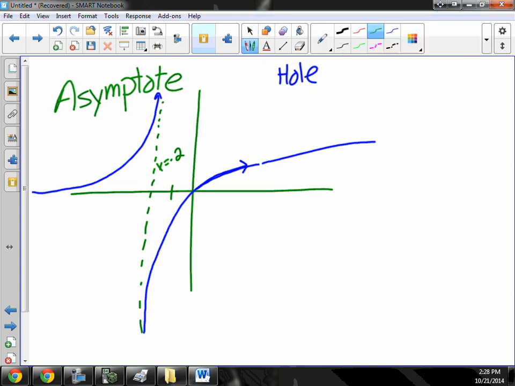Okay, so the bad news is your calculator will not find the holes for you, at least not in a very easy way. Because all your calculator does is draw a bunch of dots, and those dots are so close together that it looks like a line. So if I had a line and I'm missing one of those dots, am I going to be able to see it?